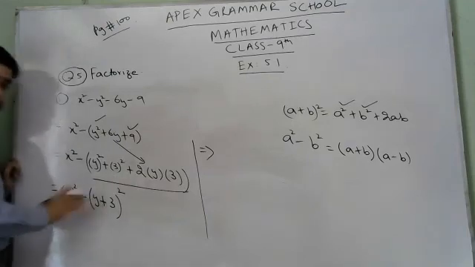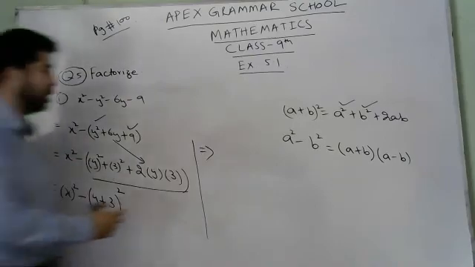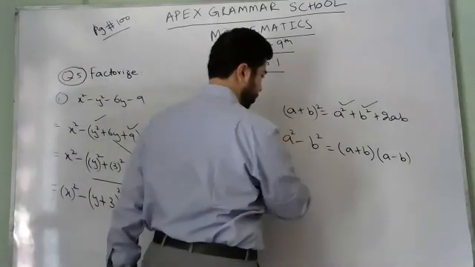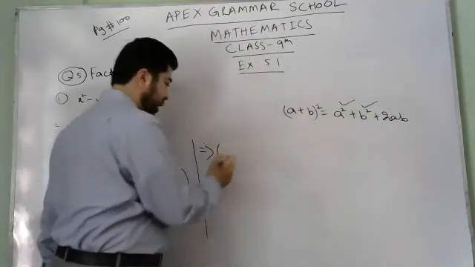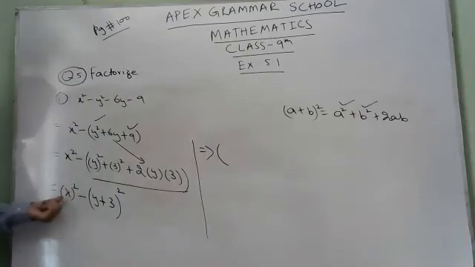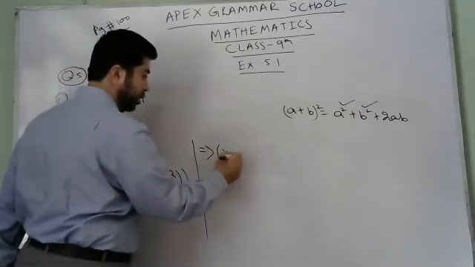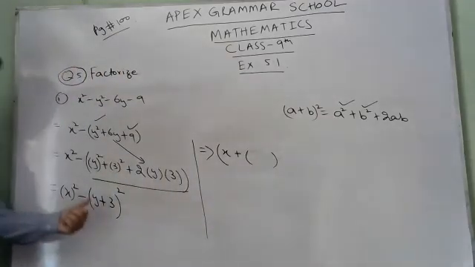This will be equal to a plus b into a minus b. So I'm going to write it as a. What is the value of a beneath this square? This is x, plus. Now the value of b. What is the value of b? That is y plus 3.